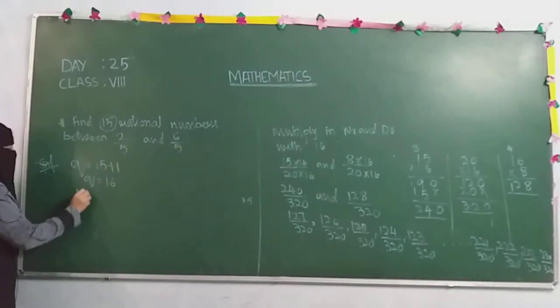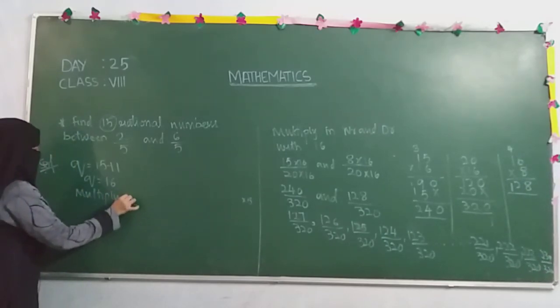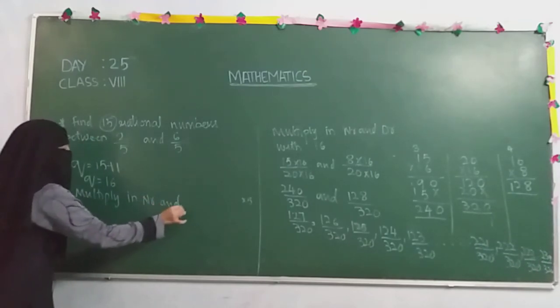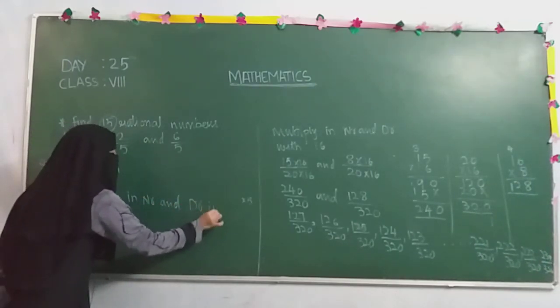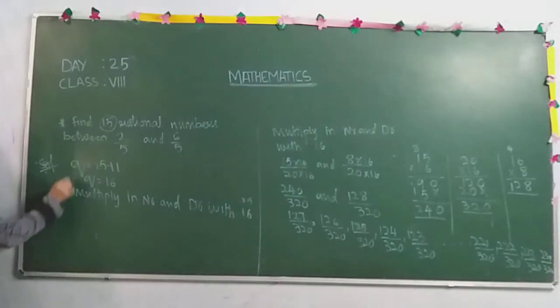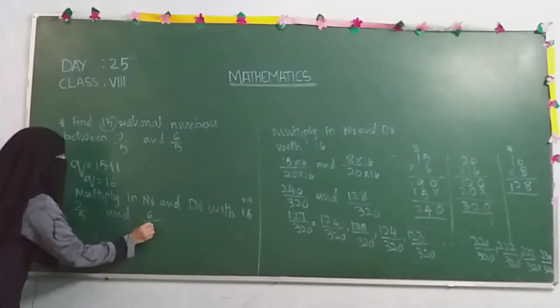Then after that, you need to multiply the numerator and denominator with 16. So what are the given numbers? 2 upon 5 and 6 upon 5.